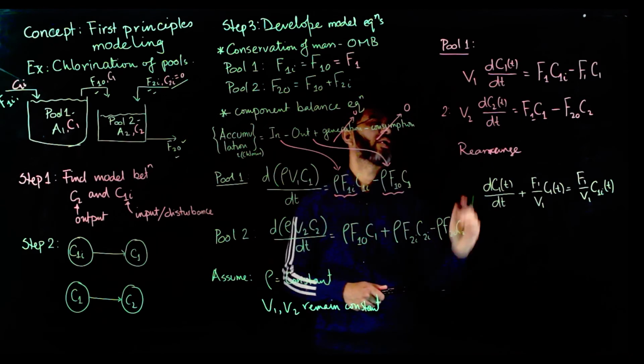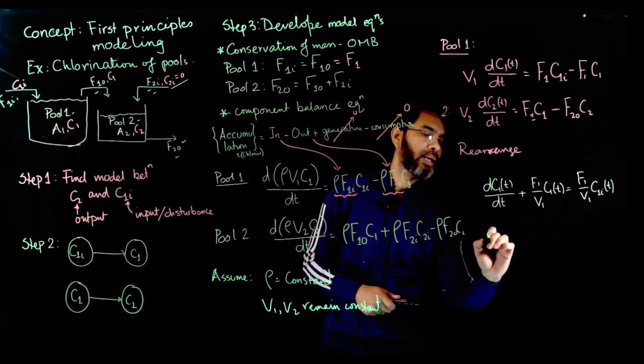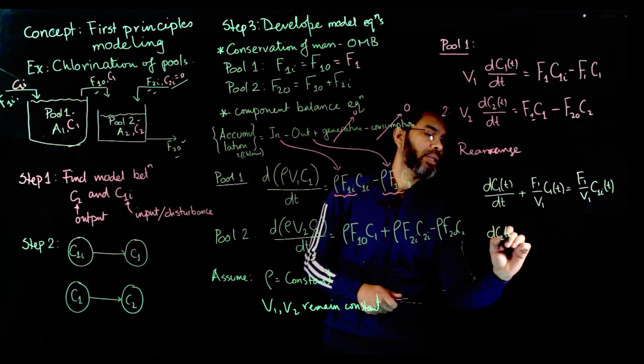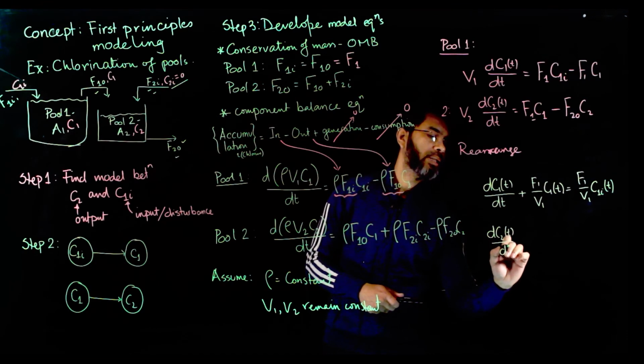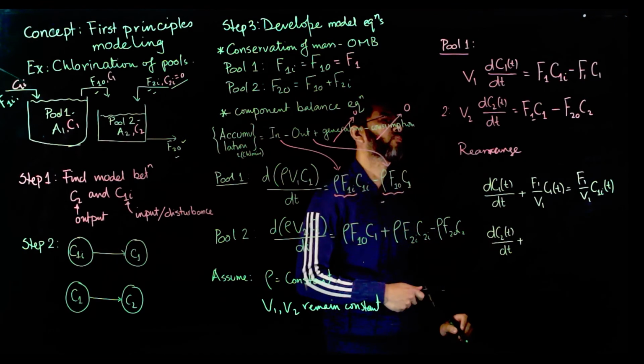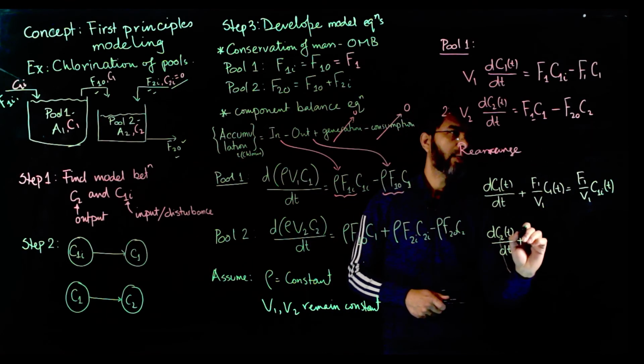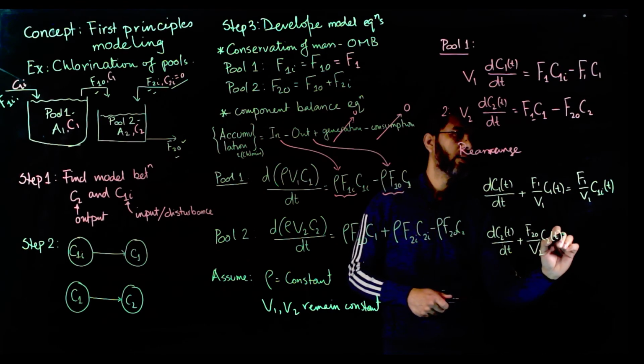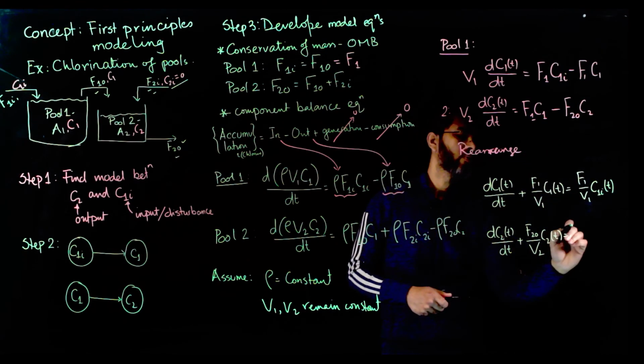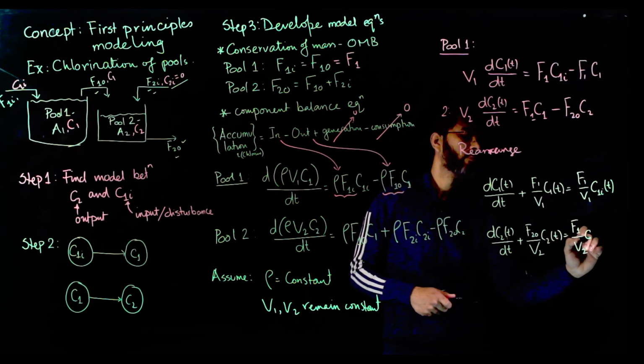And the second equation we'll write this way: dC2t over dt plus F2O over V2 C2t equals F1 over V2 C1t.